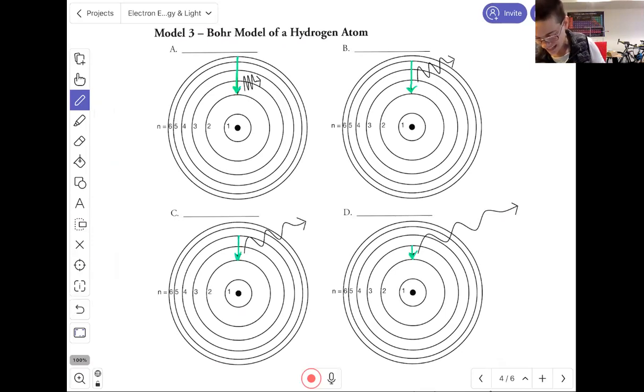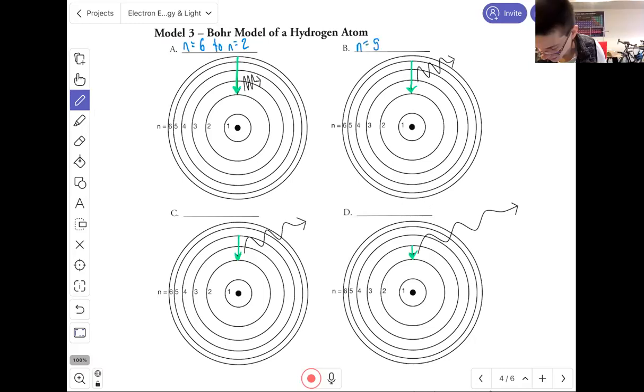So in A, what number of energy level did the electron start? 6. So we would say it's n equals 6. And where did it end? 2. So for B, it went from what to what? 5 to 2.